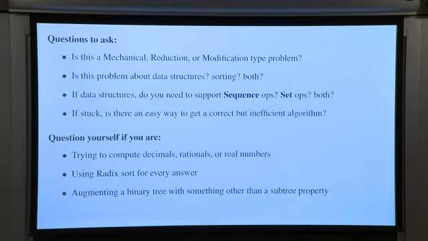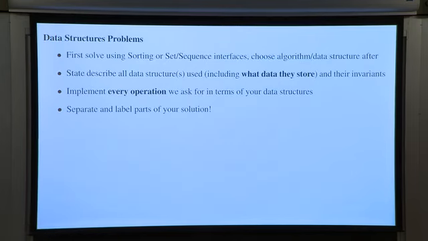OK, so the last thing, especially on the data structures problems, I would suggest that you approach these by solving the problems just in terms of the interfaces first, because then at least you get something that's correct. Then choose the algorithms or data structures that you use to implement those interfaces afterwards.